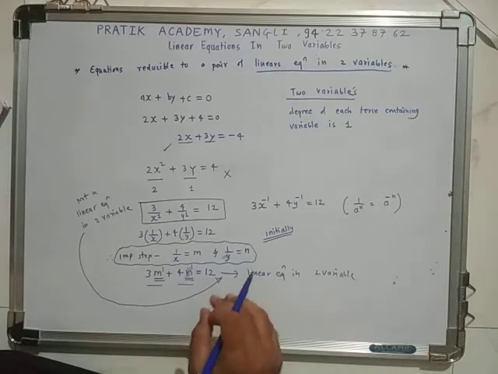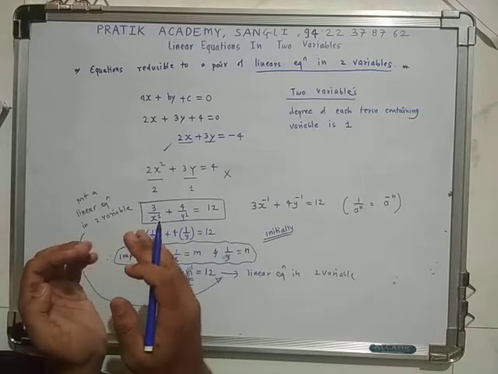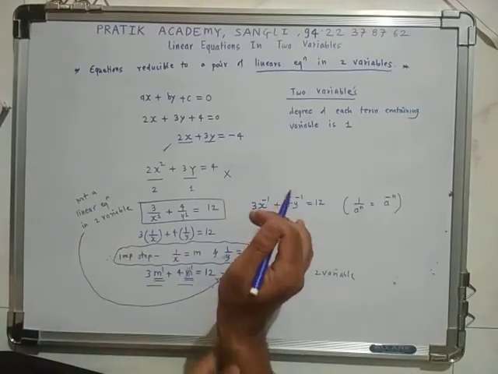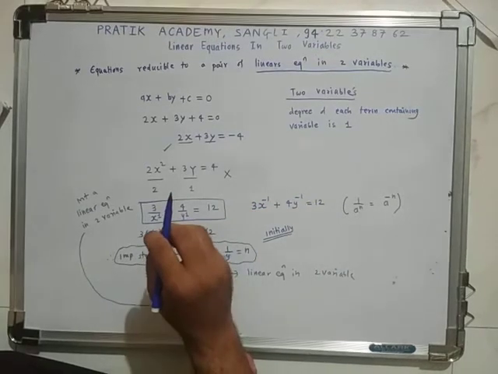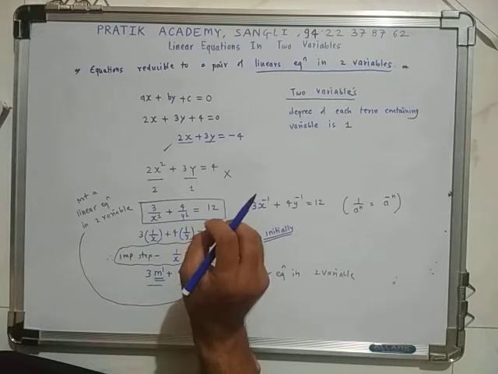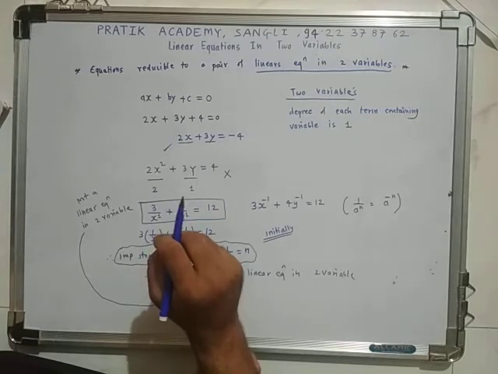Such equations which can be converted to linear equations in two variables are called equations reducible to linear equations in two variables.